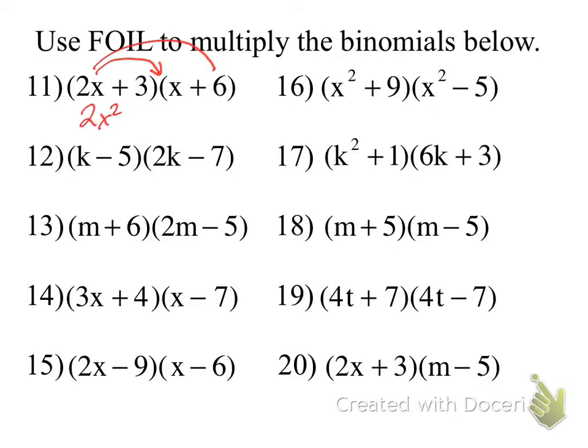Outside 12x, 3x, and then I have plus 18, so it makes 2x squared plus 15x plus 18. Okay, does that make sense? With these ones that have leading coefficients in front of the variables, I don't know that I'd use the quick method. Just double distribute it out.